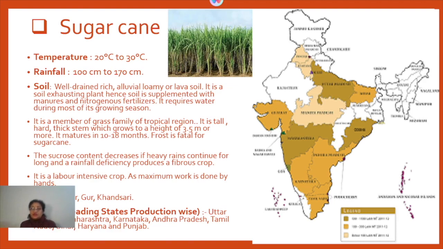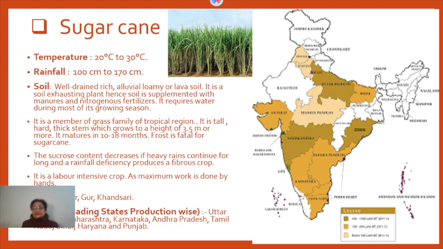So manual labor is required in large numbers. Now, what are the uses? The main uses of sugarcane cultivation are to get sugar, gur and khandsari. These are the main products we get from sugarcane.